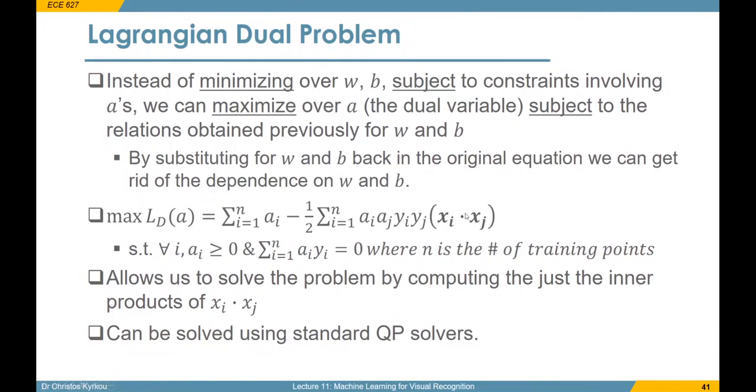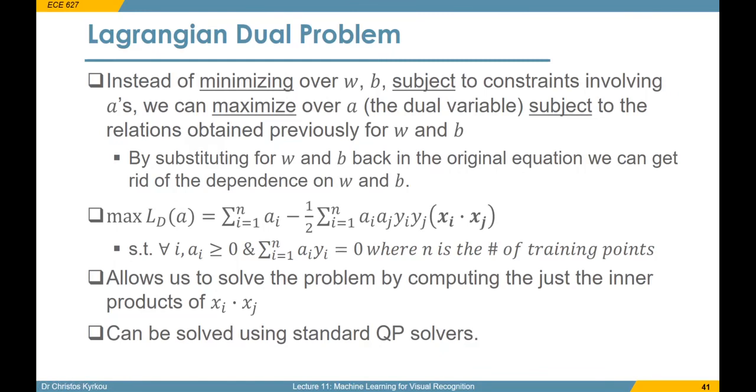Dot products are often used in recognition since they can be interpreted as a sort of similarity measure. So having dot products in the formulation helps us have an intuition behind what's going on. In any case, when you have such problems, usually you have quadratic programming solvers that you can plug them into, and they will give you a solution.